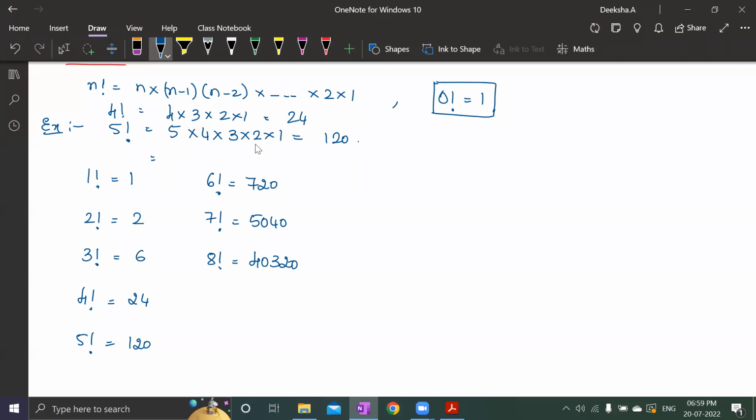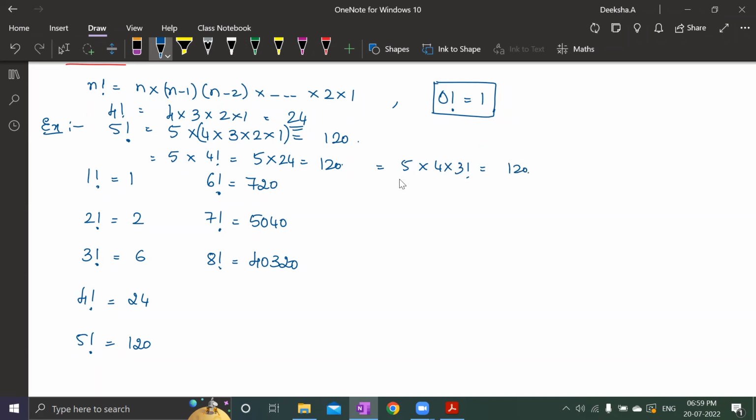In this 5 factorial, I can mark 4 into 3 into 2 into 1 as 4 factorial. So 5 into 4 factorial, which is 5 into 24, equals 120. In this 4 factorial, I can write 3 into 2 into 1 as 3 factorial, so 4 factorial is 4 into 3 factorial.